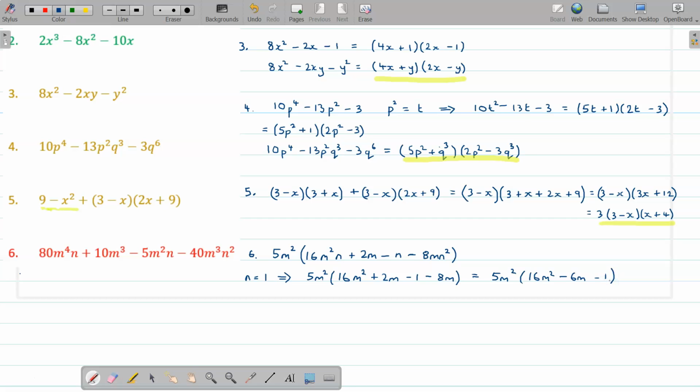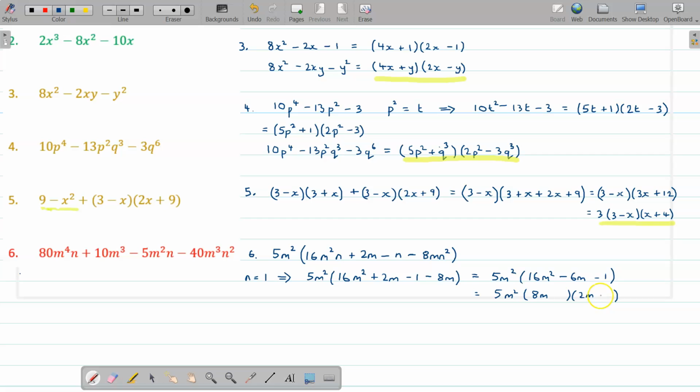Now you should be familiar enough with factorising a quadratic like this. It shouldn't take long to see that it would become 5m squared. The 16 would need splitting into 8m and 2m, because that will give us the difference of 6 that we're going to need for the middle term.